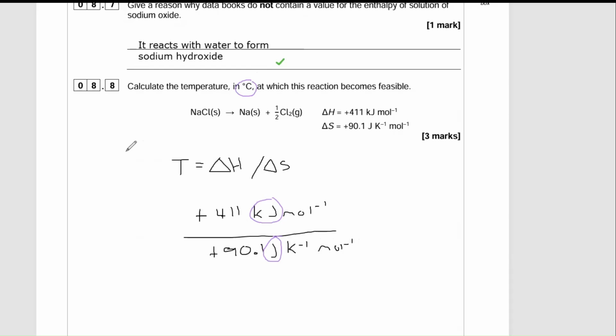So what you're going to do is go 411, and in order to convert joules into kilojoules, I'm going to do 90.1.